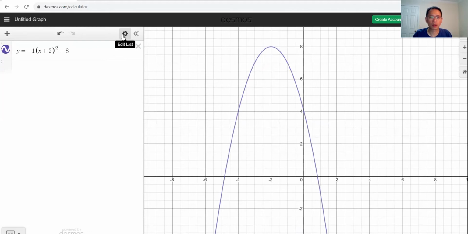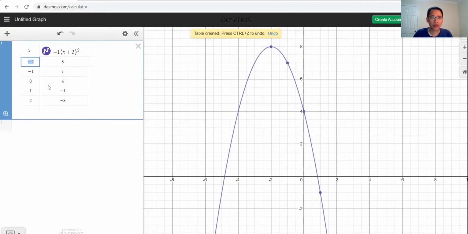I can hit on the gear button, go to table of values, and I just want to choose regions between 0 and -5. And again, I'll show you why it's really important just to have between -5 and 0.